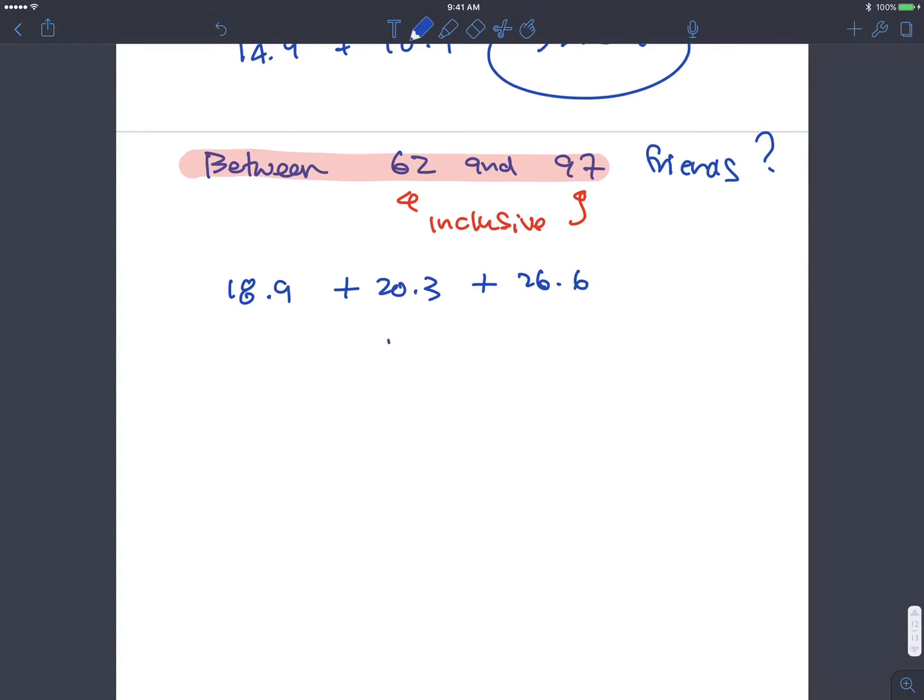We get 65.8%. I should say 65.8% of the sample have between 62 and 97 friends on Facebook. And that concludes the homework for this worksheet.